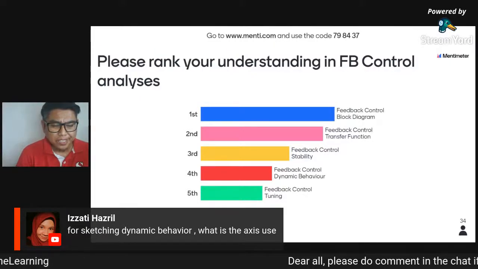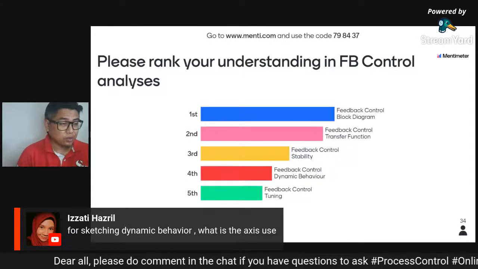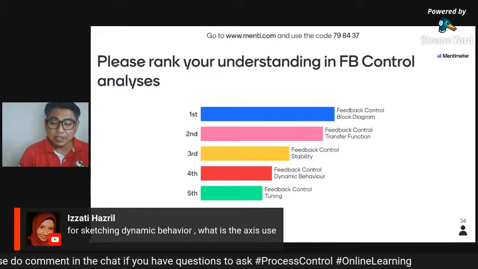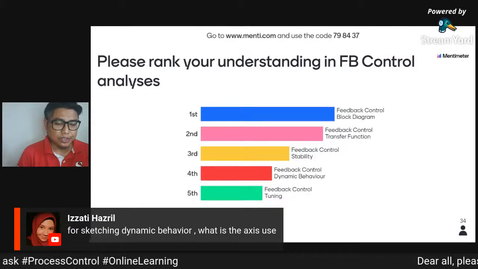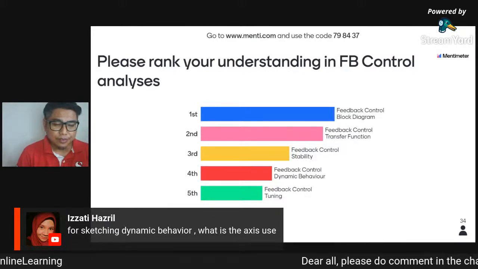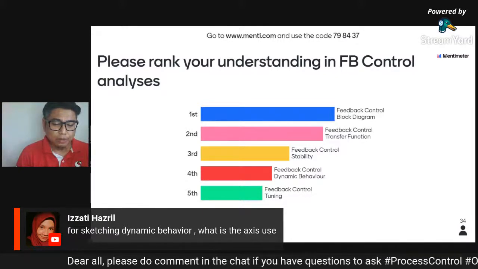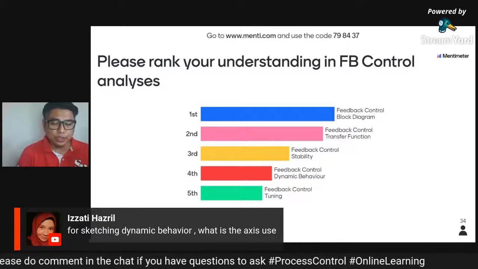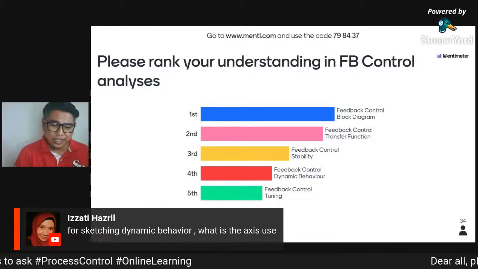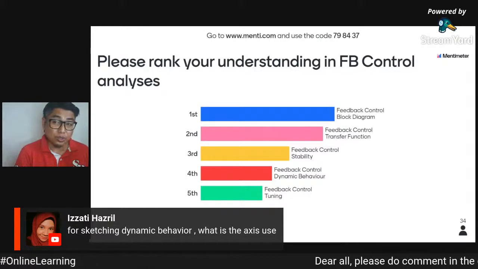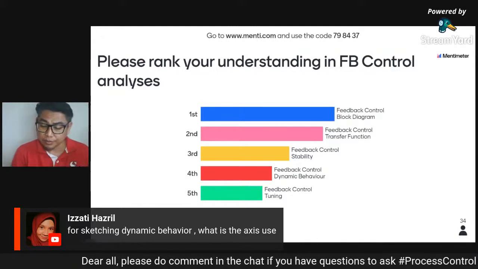Stability: if you're given the stability question, that becomes a bonus for you, because we only analyze one single stability criterion here, which is Routh. Tuning, yes, because you will compare these two methods of tuning, offline and online. That's why you think this is a little bit difficult, because you need to compare between these two methods.